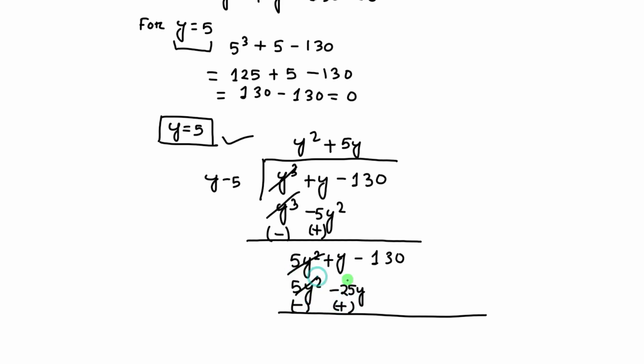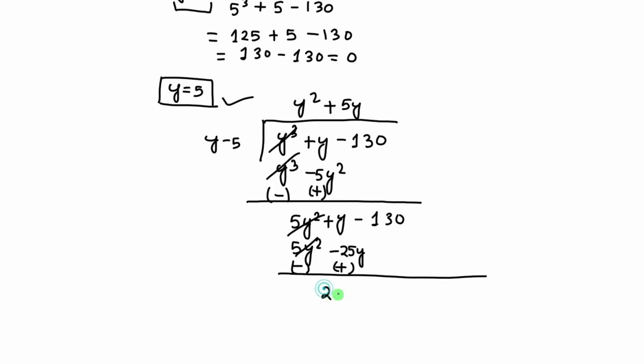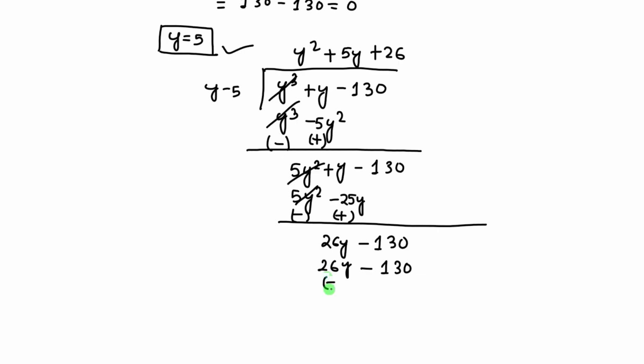So these two get cancelled out, and here we are getting 26y minus 130. So here we'll take 26, and 26y multiplied with 26 gives 26y minus 130. Negative, and here we have positive sign. So these two get cancelled out, and here we have 0 as our remainder.